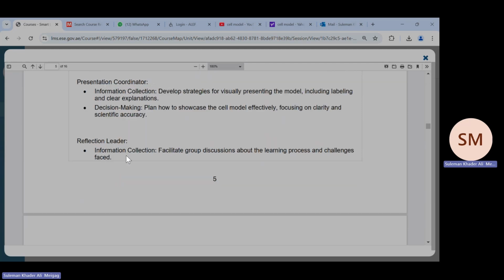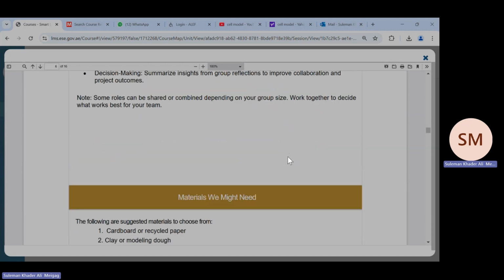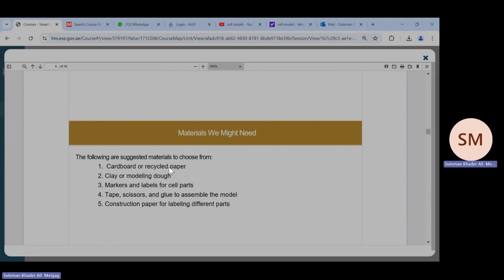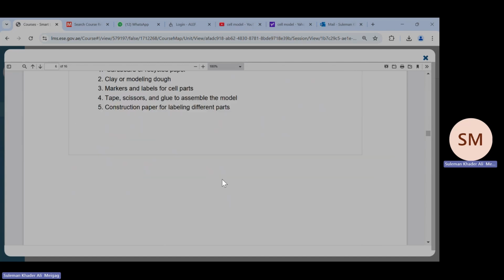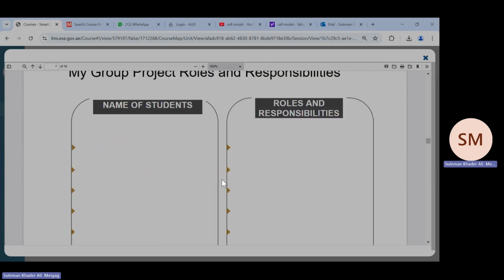You could be the reflection leader and help the whole group facilitate discussion about the learning. Okay, this is some of the materials that the ministry says you might need. So some recycled paper, cardboard, modeling dough, markers, tape, scissors, glue, construction paper.